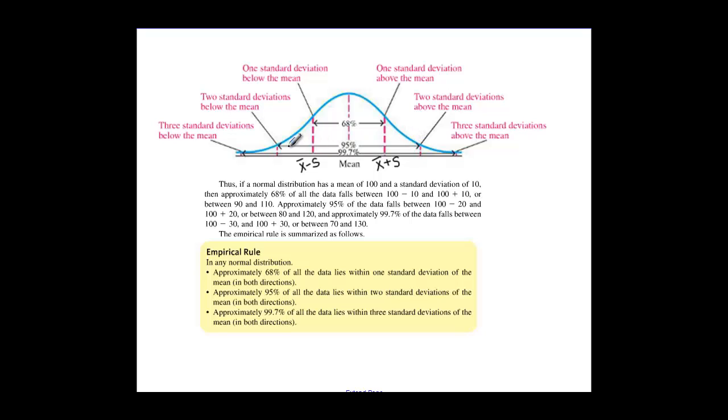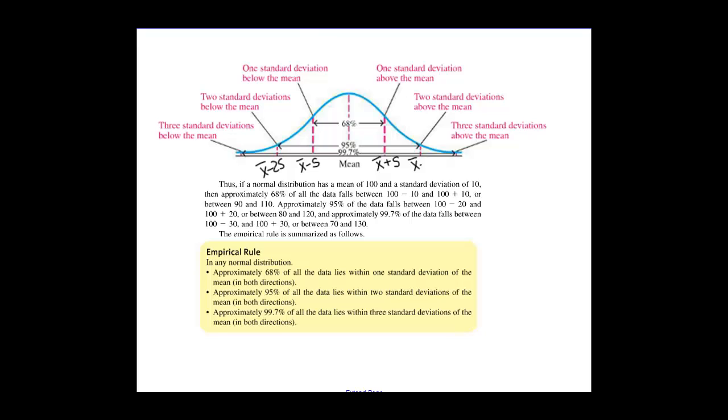And then 95% of the data lies between two standard deviations of the mean in both directions. So here that would be the mean minus two standard deviations, and here the mean plus two standard deviations.